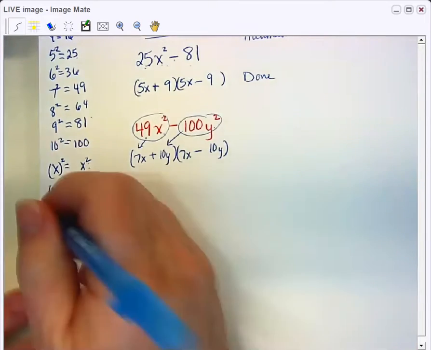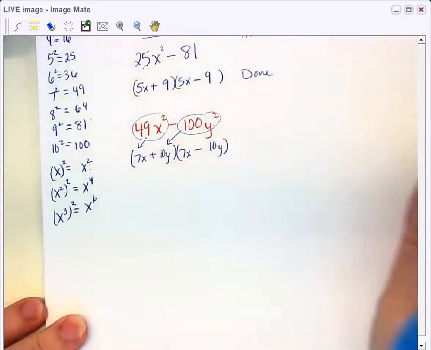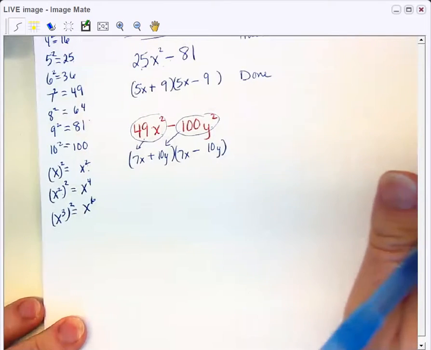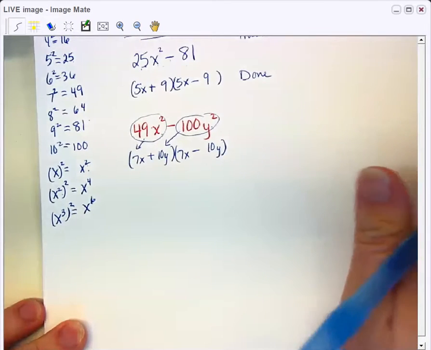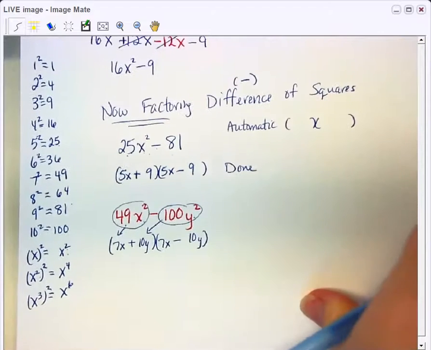So there's that one. That's number 2. Difference of squares is factoring number 2.